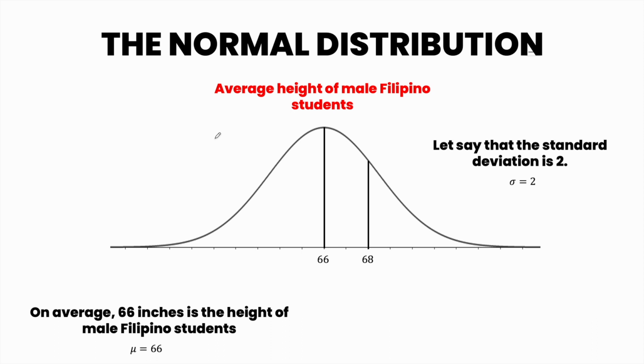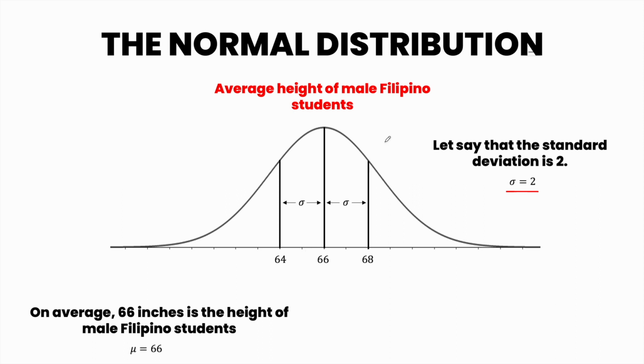Now, since the standard deviation, or sigma, is 2, from 66 we have to travel 2 units to the right. So we have 66, 67, 68, as well as 64 to the left. So that is 1 standard deviation away from the mean.